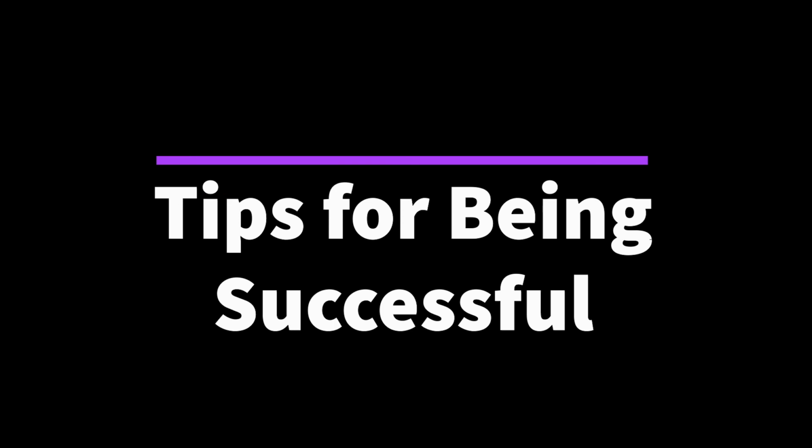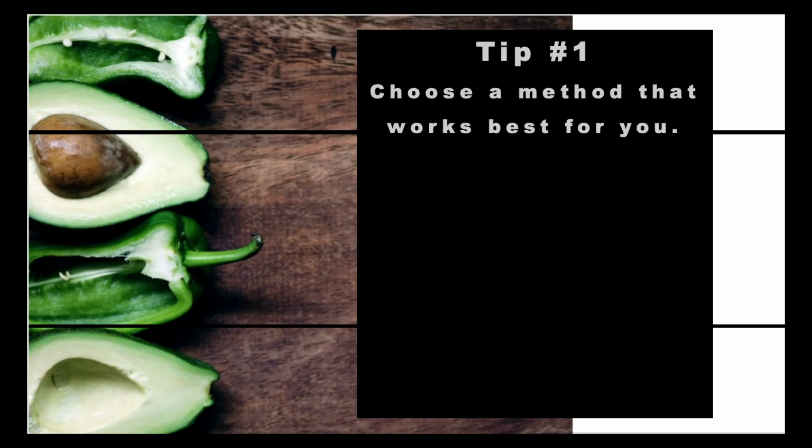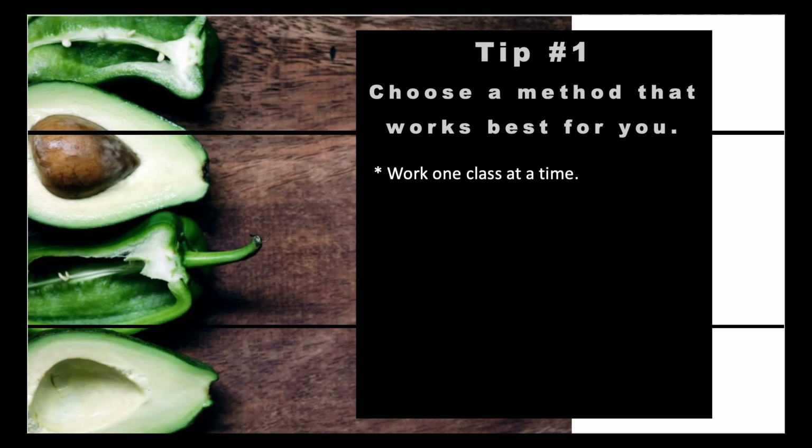Now let's talk about the part you dread the most, actually doing the work. To a lot of us, this is new, so I have 2 easy tips that might help you be successful and get you a little bit motivated. My first tip is to just choose a method that works best for you. Do you want to do one class at a time?